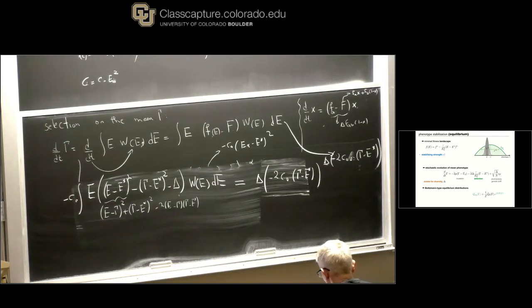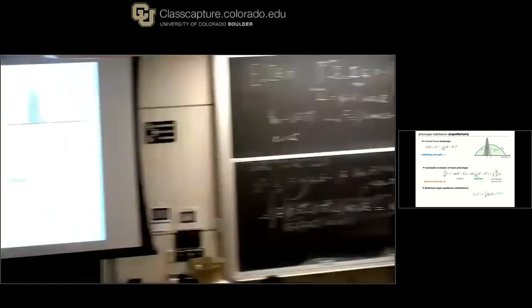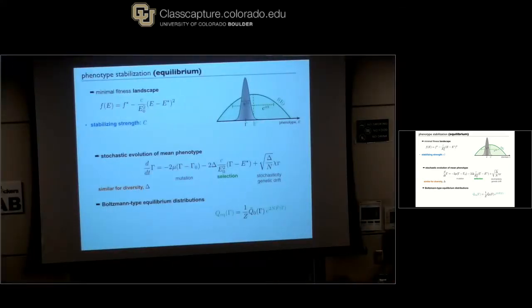So across ensembles of trials, what is the fluctuation of mean phenotype when I select from a population with a phenotype E? And I think you know from your first lab course, that should be just the standard deviation of the mean, right? So the fluctuation of the mean should be proportional to the variance divided by the number of samples you take, which is in this case n. That's where delta over n comes from.